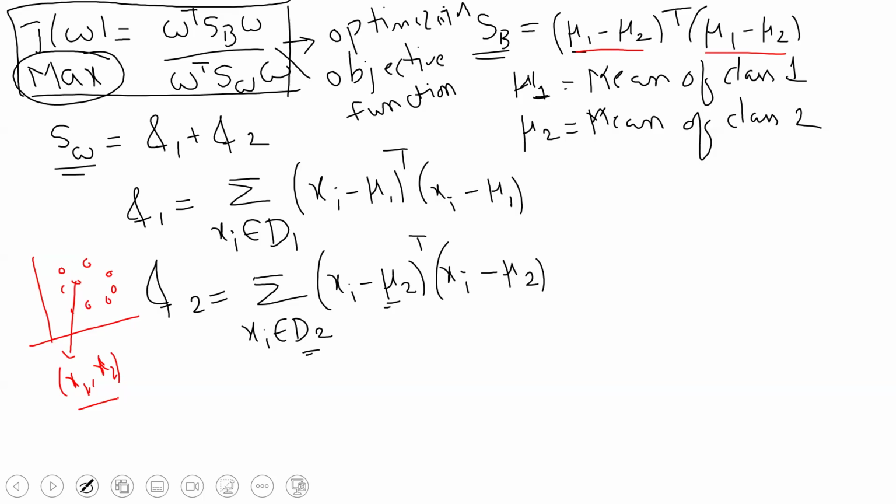Based on the number of dimensions, it would always be a d by d matrix. Mu1 minus mu2 is nothing but the difference between the means of different data points, so the number of entries equals the number of dimensions in the data. If it is two-dimensional, it would be 2 points. If it is three-dimensional, it would be 3 points.